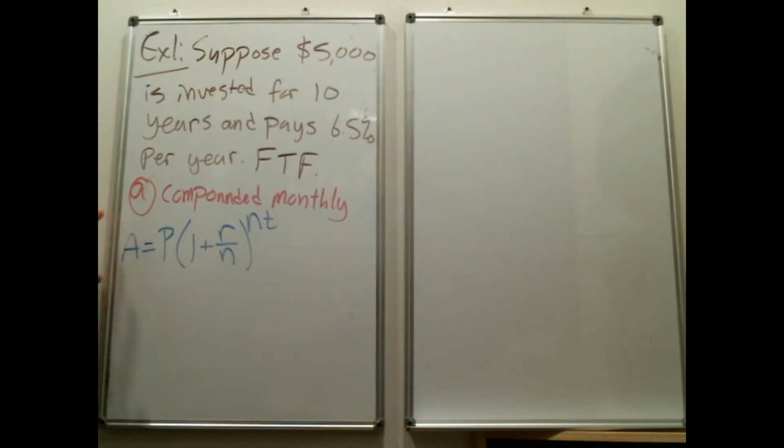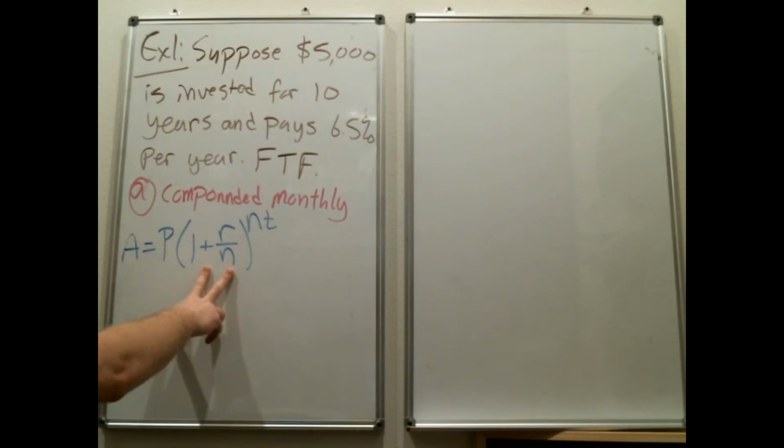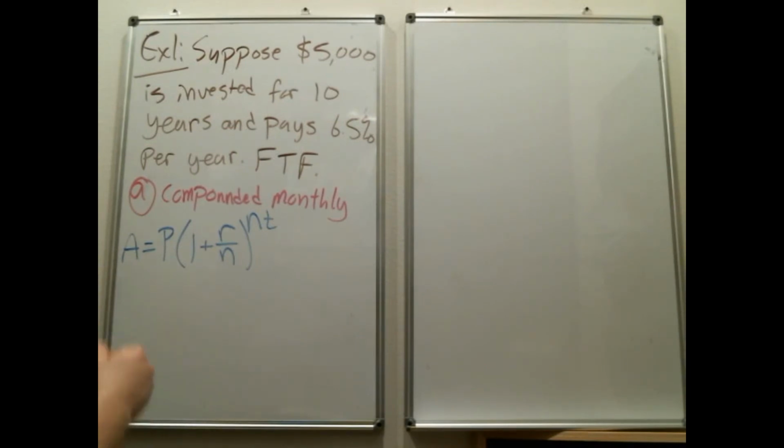Remember the first one I showed you, the simple interest? I'm not going to ask you about those. So there's only two of these you need to worry about: compounding n times per year and compounding continuous. If you're compounding continuous, you have that e in there. It's the PERT formula, A equals P e to the RT power.